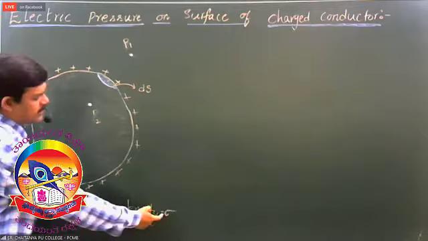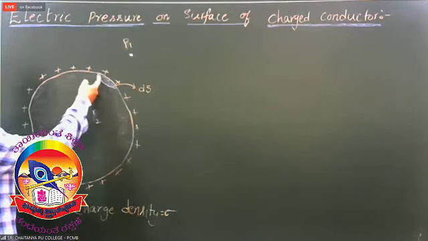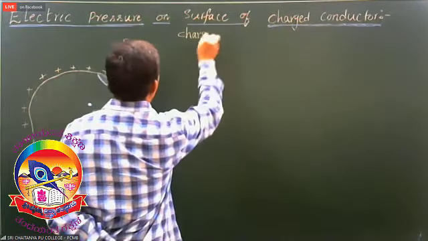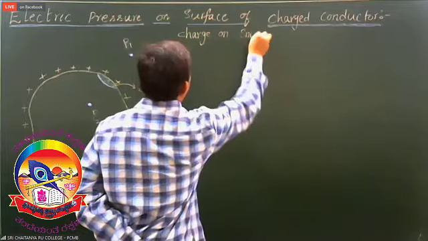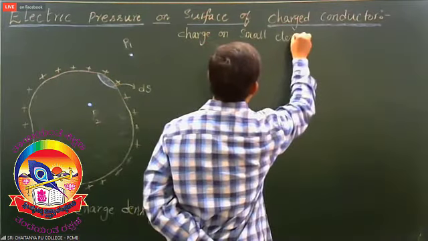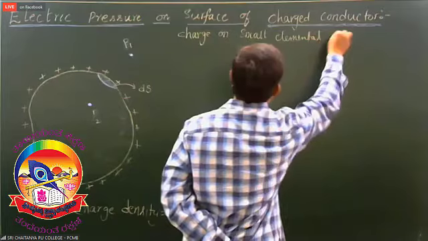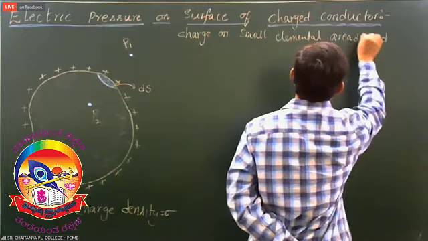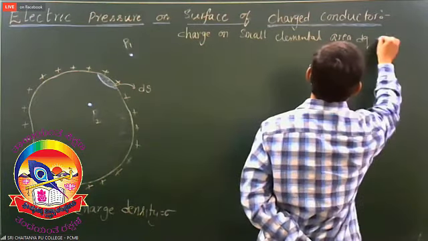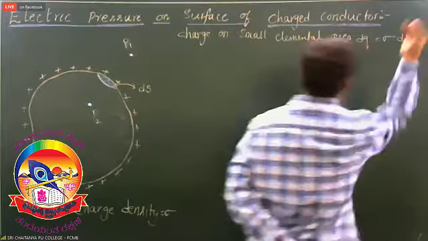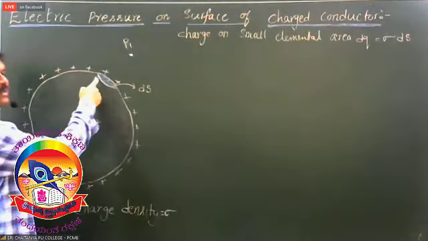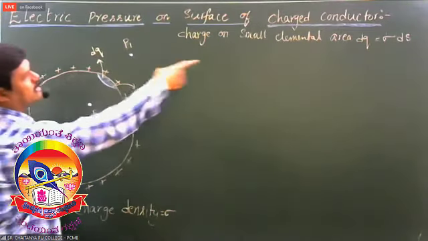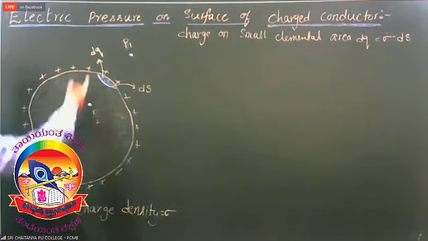Surface charge density is sigma. So what is the charge on the small elemental area? Can I write sigma ds? This I take as dq, which is sigma ds. So the charge on this is dq, that is sigma ds.